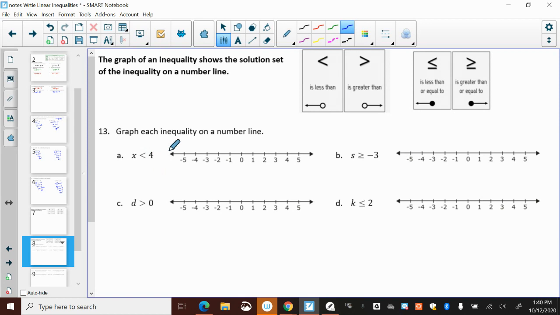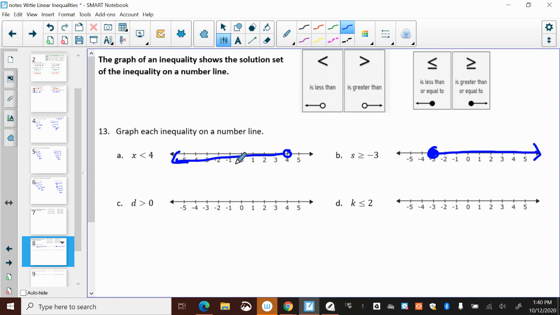X is less than 4. You go to 4, you draw a circle. It will remain open because we don't have the or equal to, and less than is to the left. X is greater than or equal to negative 3. So we go to negative 3, we color in the circle. Greater than's to the right.